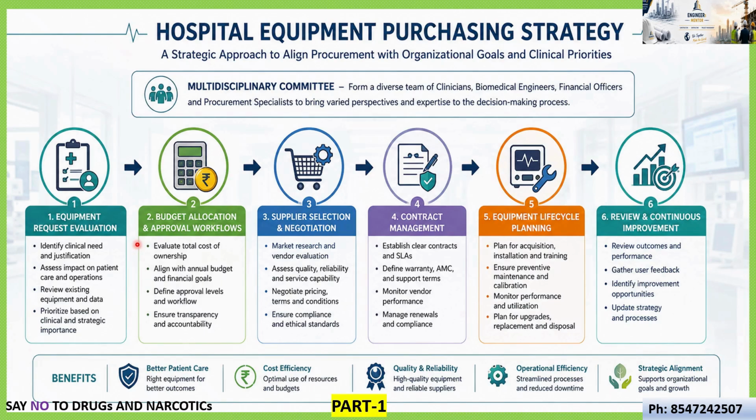Equipment requisition evaluation and budget allocation are part of need assessment, but they are also divisions of the purchasing strategy. Follow this and the equipment procurement will be safe and in a good way.